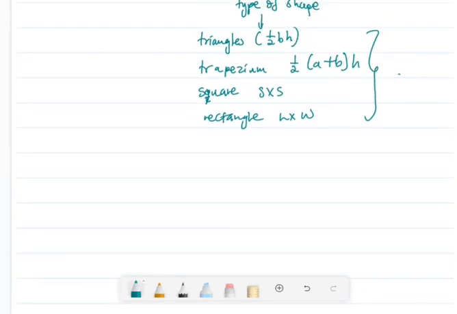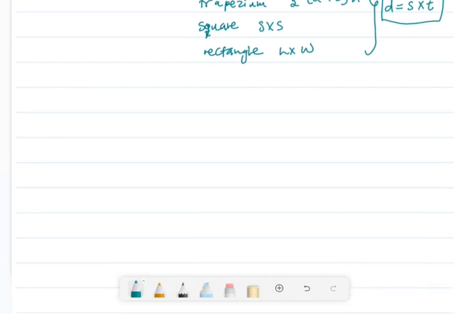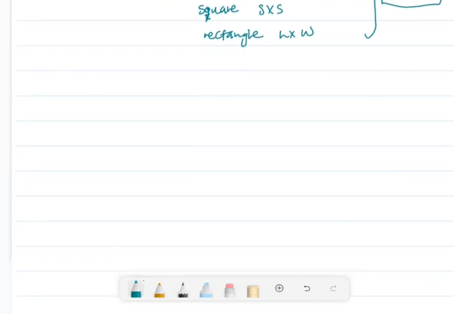So these are the shapes that we normally come across when we are calculating the distance traveled. Please avoid this guy. I know people like this formula a lot. Distance is equal to speed times time. Not in physics, guys. At all cost, make sure you avoid this, especially when you're dealing with speed time graphs.